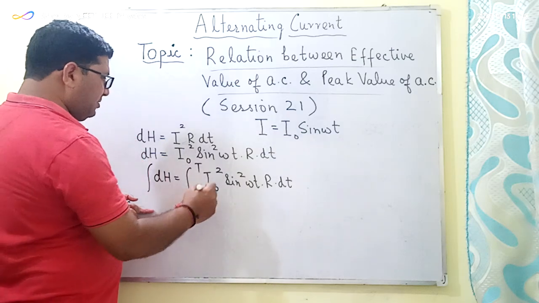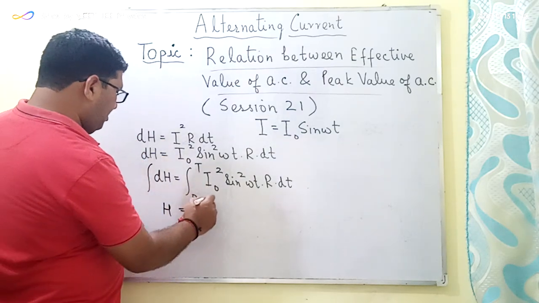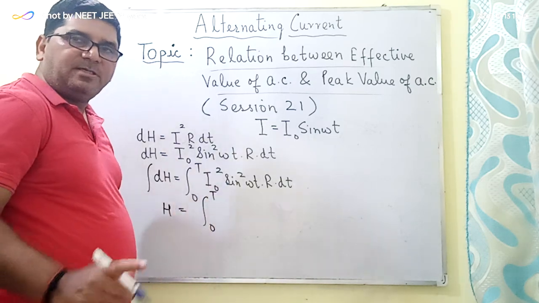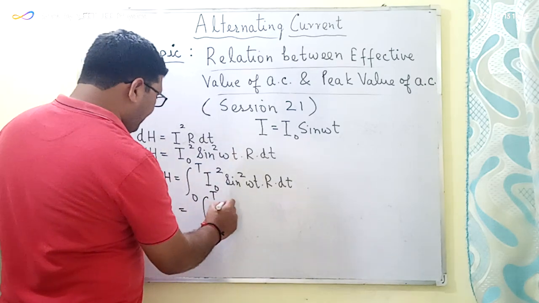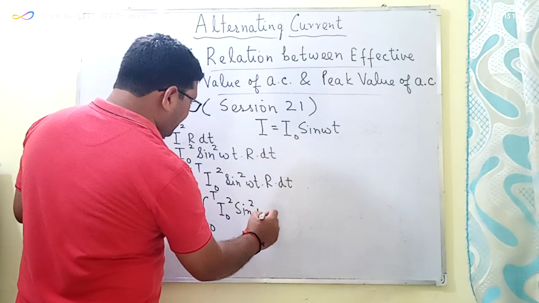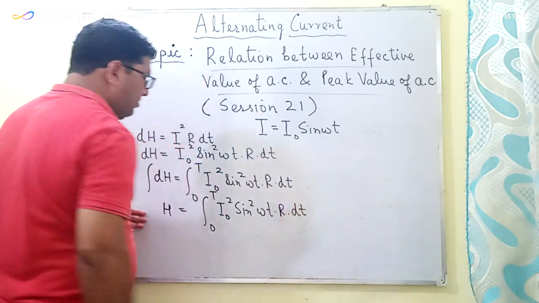So this can be further written as H equals the integration within the limits of 0 and T, where capital T is the time period of the alternating current, of I naught square sine square omega t into R dt.